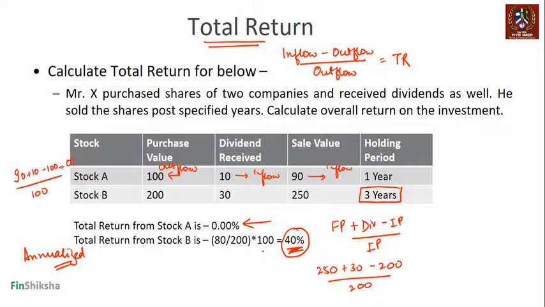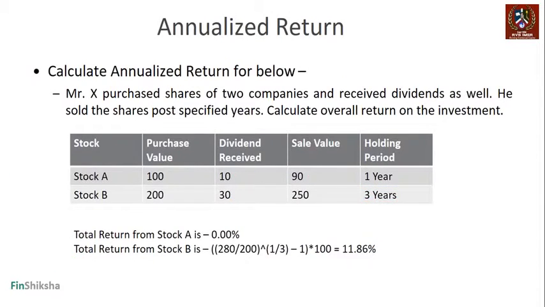So that annualized return calculation has to come in. In simple terms, we are assuming that all this is received towards the end, and based on that calculation we're going to arrive at what is called the annualized return. The assumption is that the dividend is received at the sale value or at the end of the holding period. At the end of the third year, you receive 30 rupees. So what is your annualized return in this case?